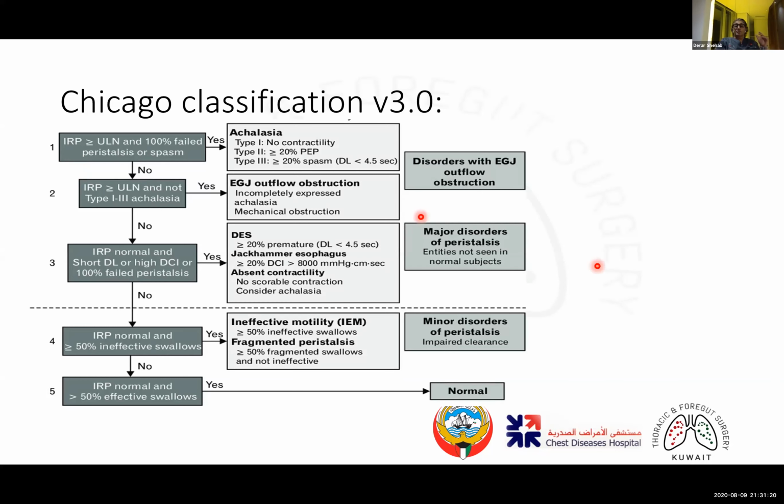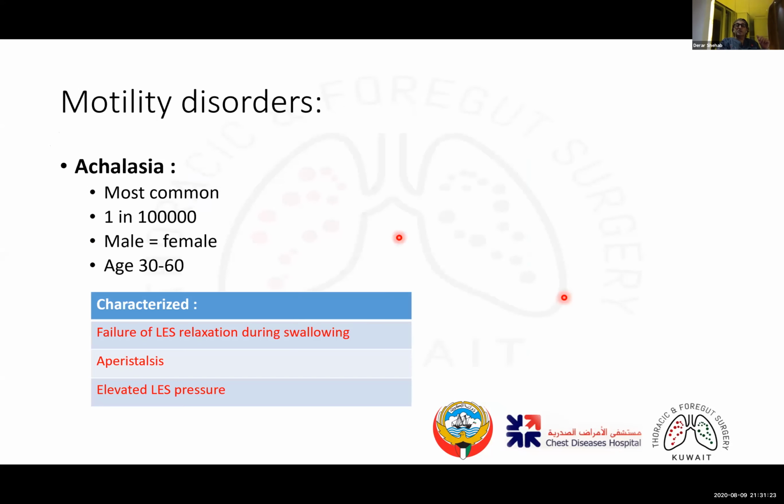Having said that, the most common motility disorder that we encounter is achalasia, which occurs in about 1 in 100,000. It is characterized by three things that you have to remember. Achalasia must have failure of LES relaxation during swallowing, aperistalsis, and elevated LES pressure. Those three are a must in achalasia.